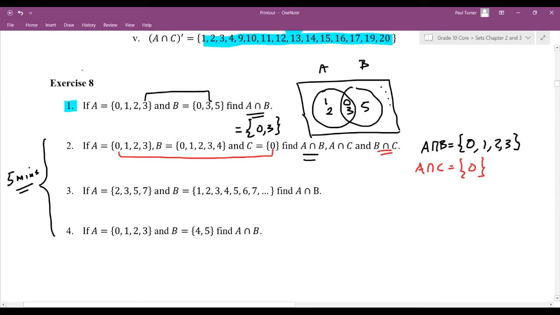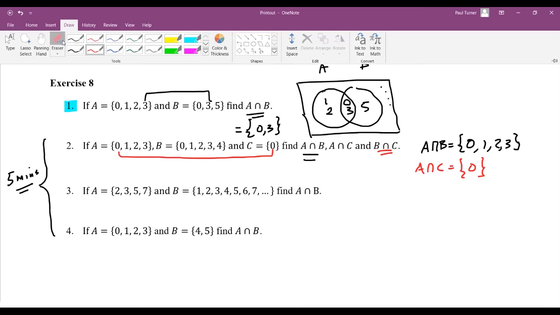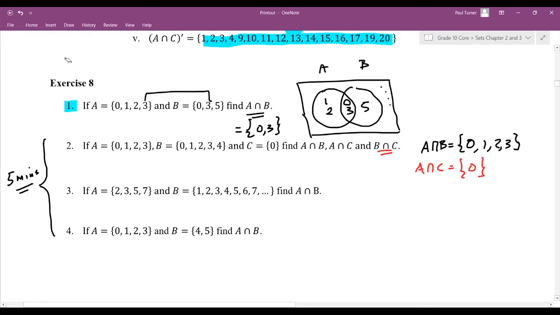And B intersects C. Did I do anything wrong? It's 0. Is that right? A intersects C, yeah, there's only one element shared between A and C there.